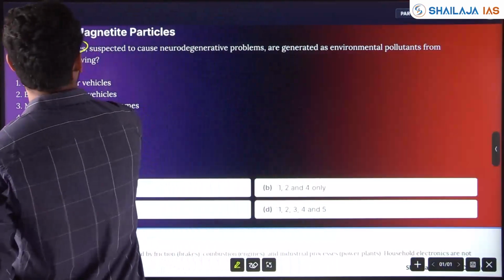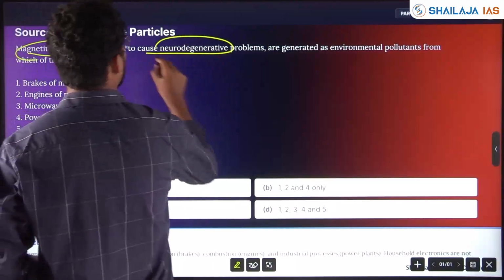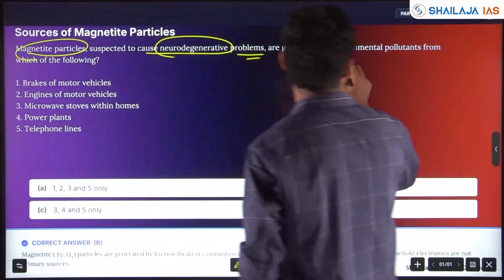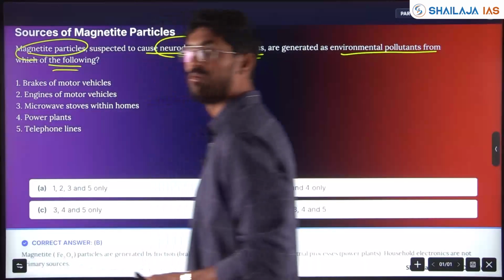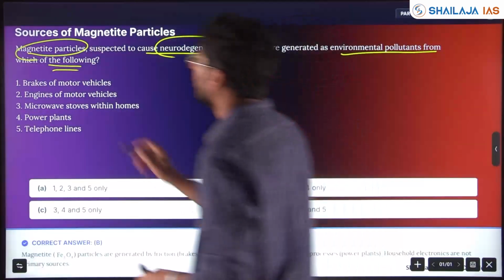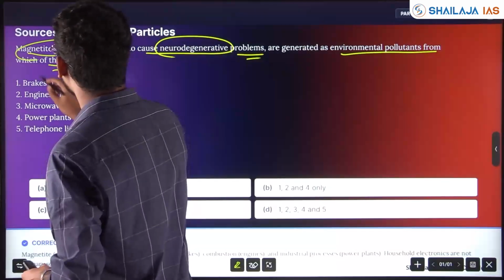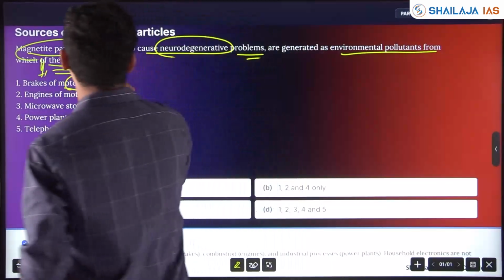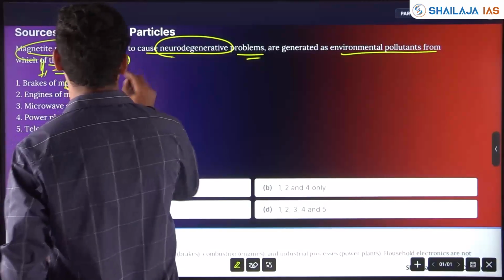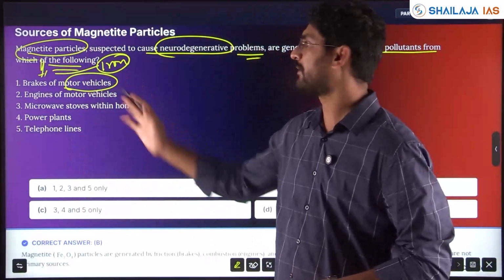Magnetite particles suspected to cause neurodegenerative problems are generated as environmental pollution from which of the following? Brakes of motor vehicles, magnetite, right? Hematite, magnetite, these are all iron and iron byproducts. Which of the following are made from iron?